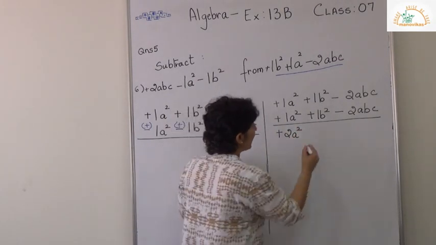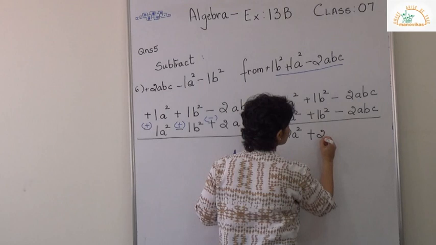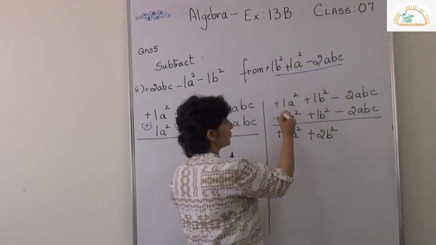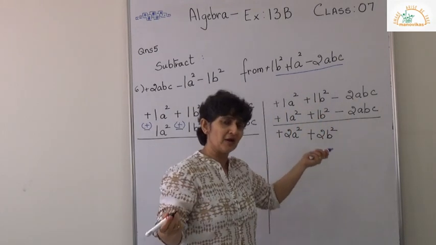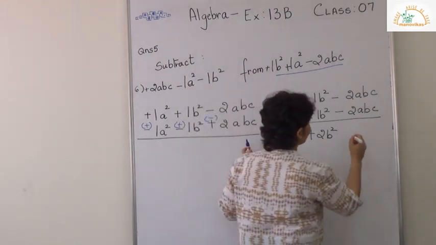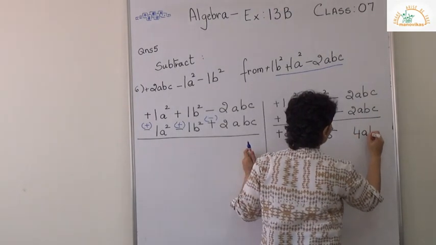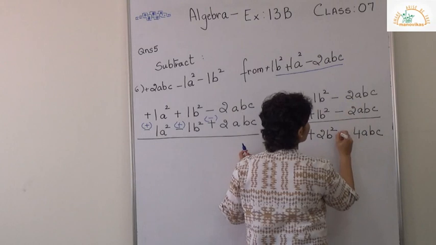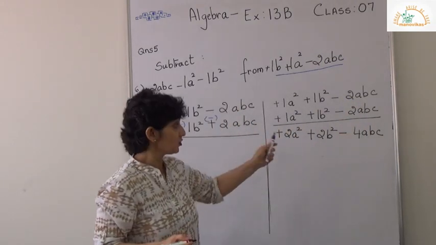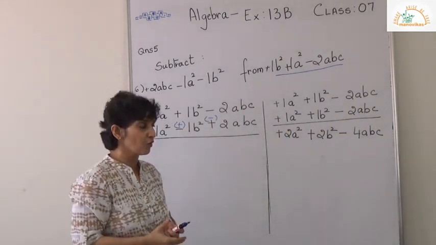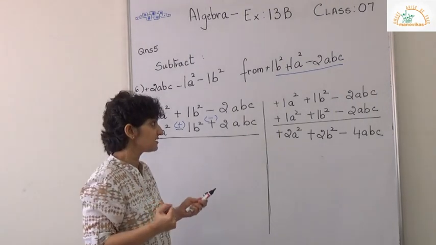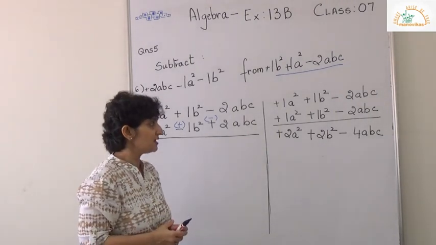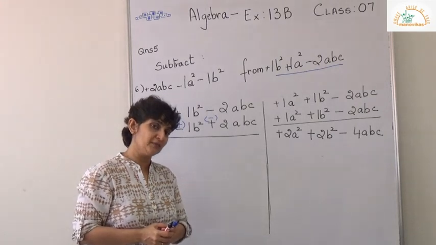Correct, children? Then I have plus 2B squared. Both are plus. Again, same family, minus and minus. So add 4ABC. Put the sign of the bigger number. That is, both are same. So my answer will be minus 4ABC. So you've got your answer: plus 2A squared plus 2B squared minus 4ABC.